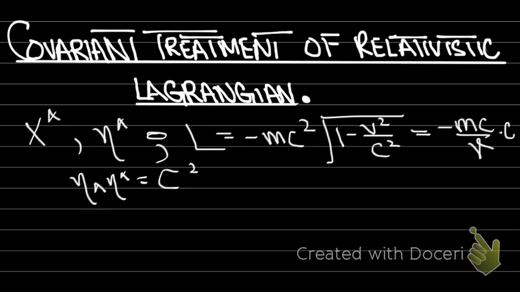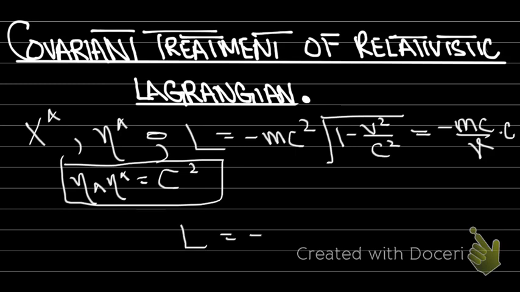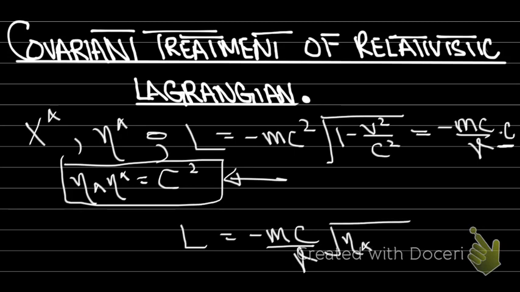With this definition we can write the Lagrangian as negative mc over gamma times, from here we have this c, and we can write that c using this definition as the square root of eta alpha eta alpha.